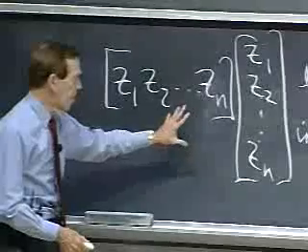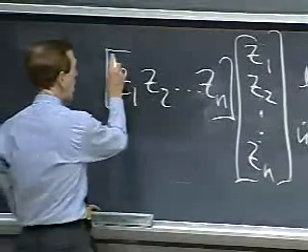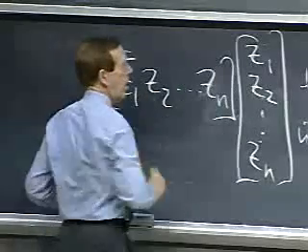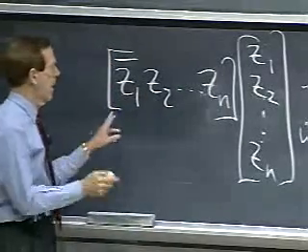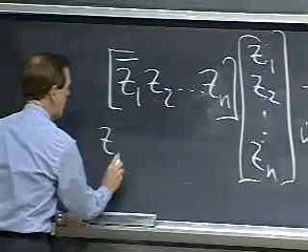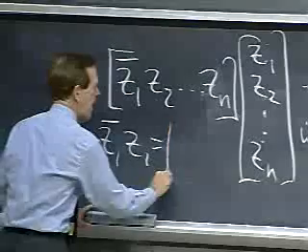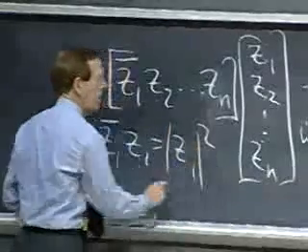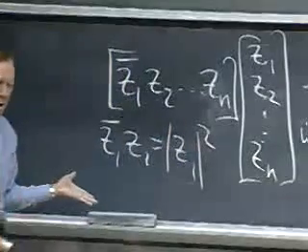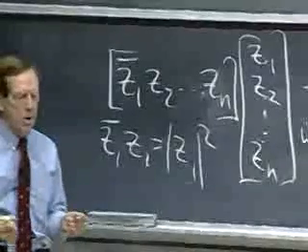This multiplication, what I really want is z1 conjugate z1. You remember that z1 conjugate z1 is the magnitude of z1 squared, which is what I want. That's like 3 squared or 5 squared.